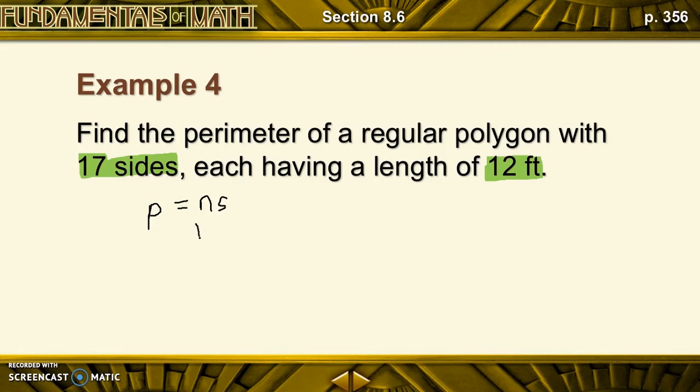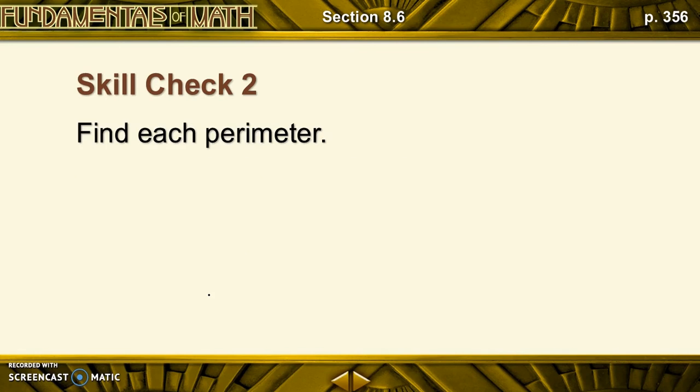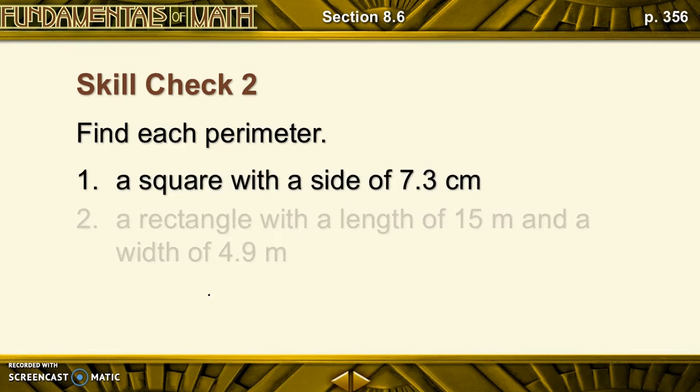So we know that we have 17 sides times the length of one of the sides, which is 12. So we're going to take 17 times 12. You can punch this in the calculator, and you should get 204 feet.